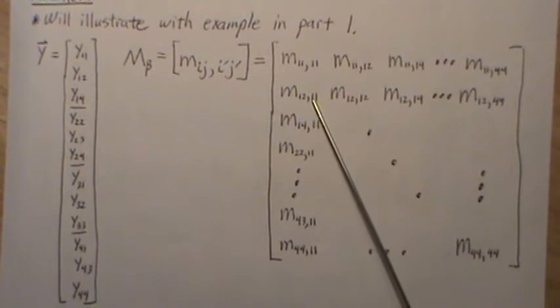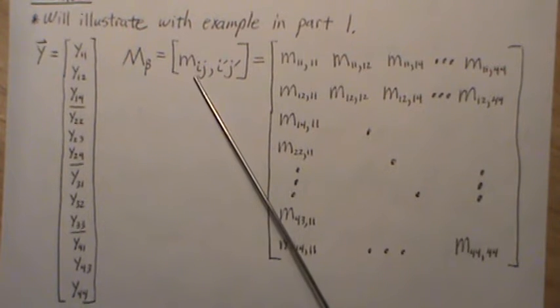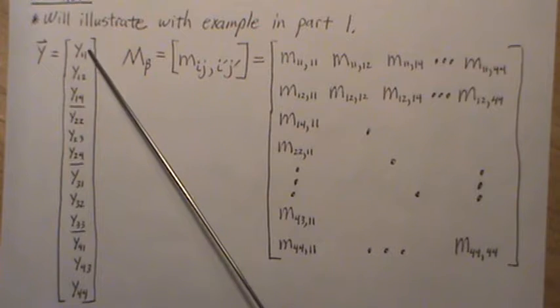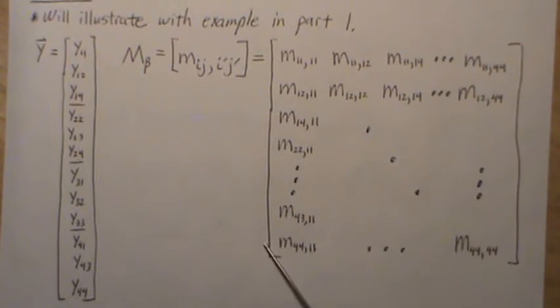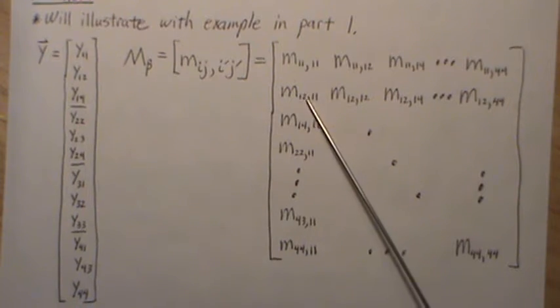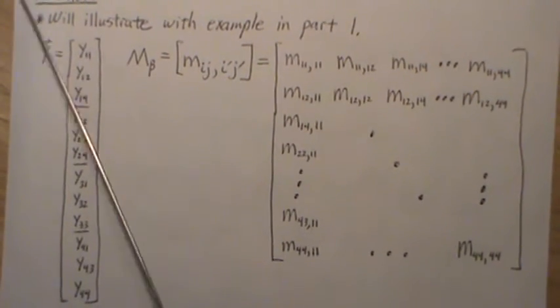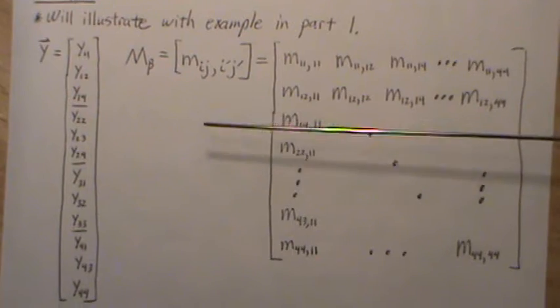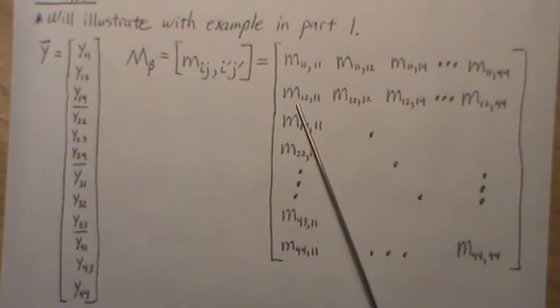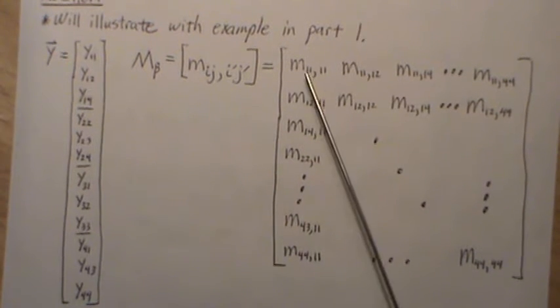So maybe let's deal with the M1211 object. And so if you look at the indexes that go down here, the 1,2 is the second one. And now you take the indexes and put them across the top. And so the 1,2, and then the 1,1 is the first one.